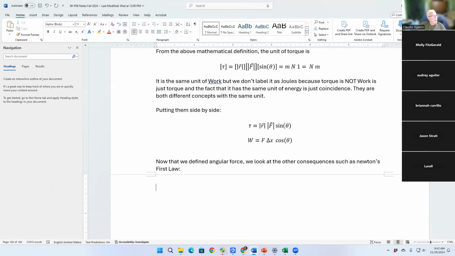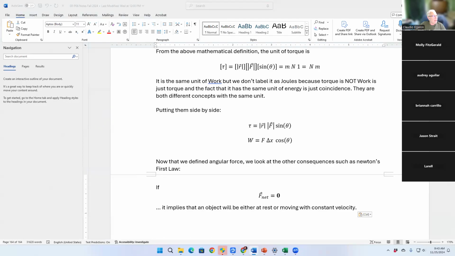Remember that if net force is equal to 0, it implies that an object will be either at rest or moving with constant velocity.